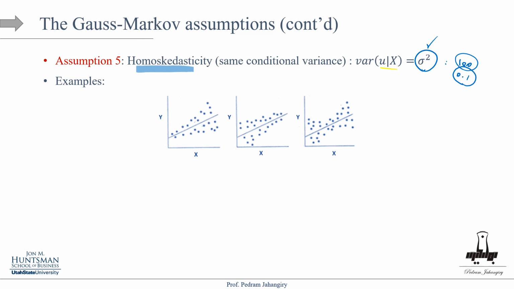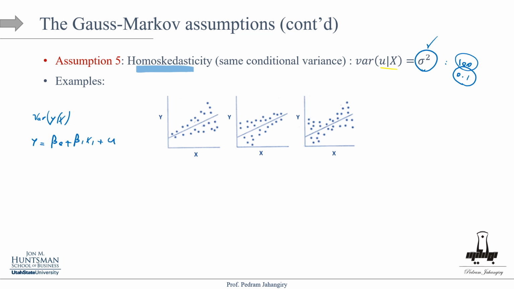Let's first talk about the conditional variance of U given X and try to visualize it, and then see what will happen if this assumption is violated. So let's look at the variance of Y given X. Let me actually write it down. We know that Y is equal to beta 0 plus beta 1 x1 plus U. Let's keep it simple here.